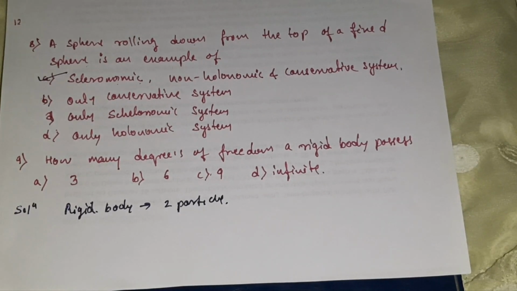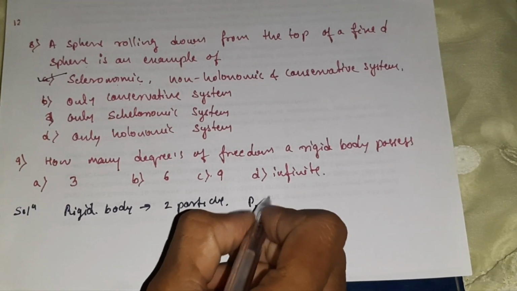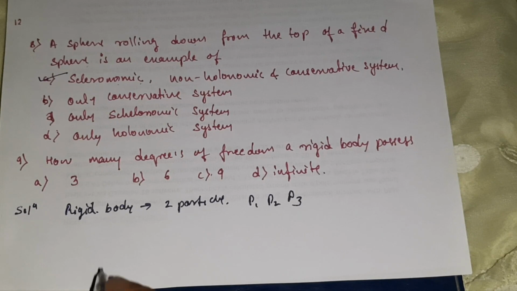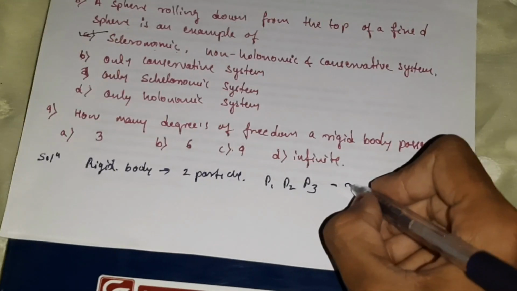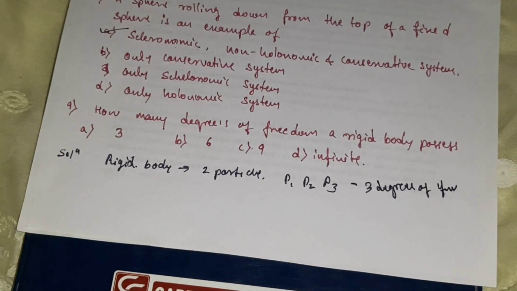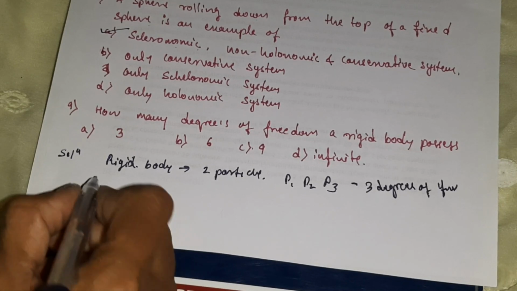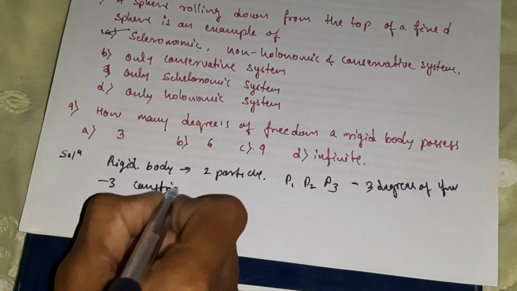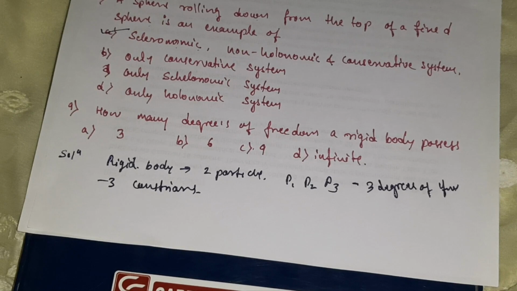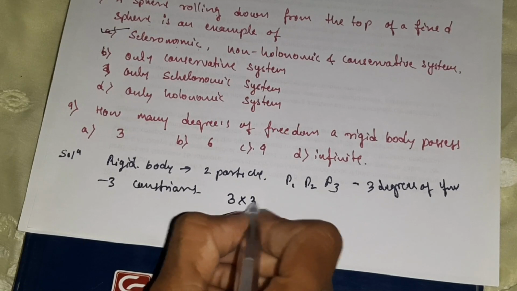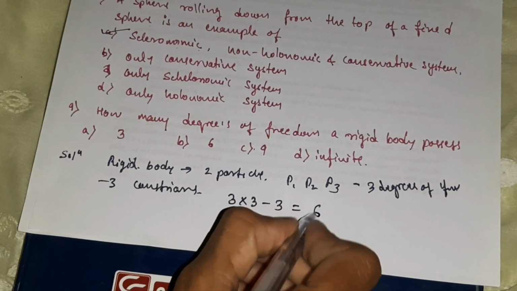So if we consider three particles p1, p2 and p3 of a rigid body, then each particle has 3 degrees of freedom, and with the 3 constraints, the degrees of freedom we can write as 3 cross 3 minus 3, that is 6.